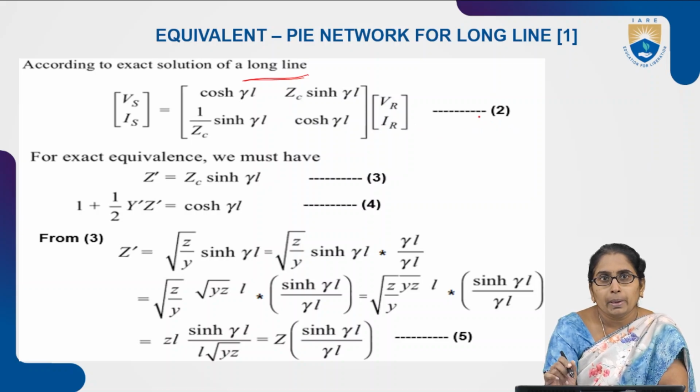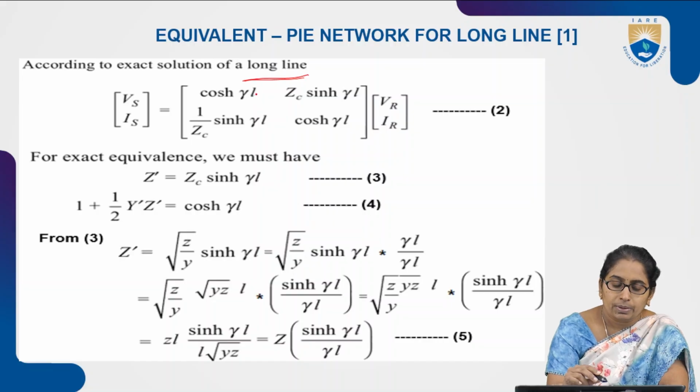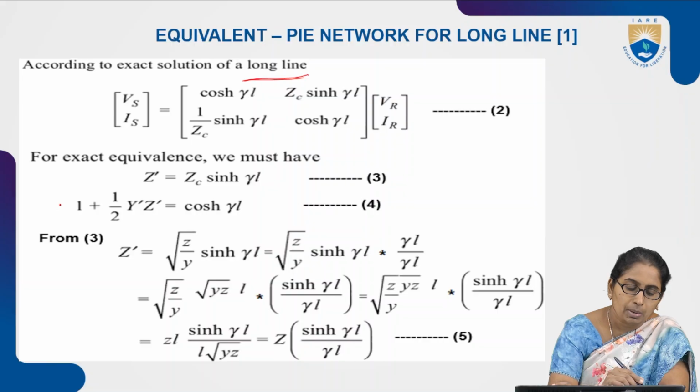Now equating equations 1 and 2, what do we get? Previously we know 1 plus Y dash Z dash by 2 is equated to cosh gamma l.